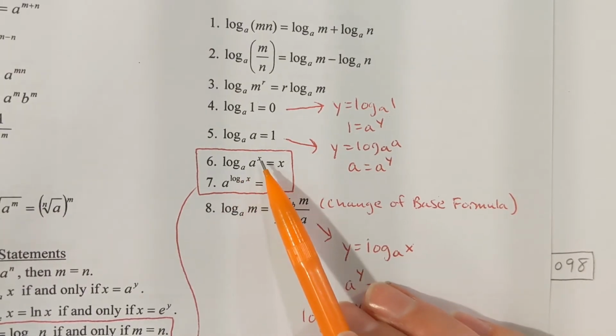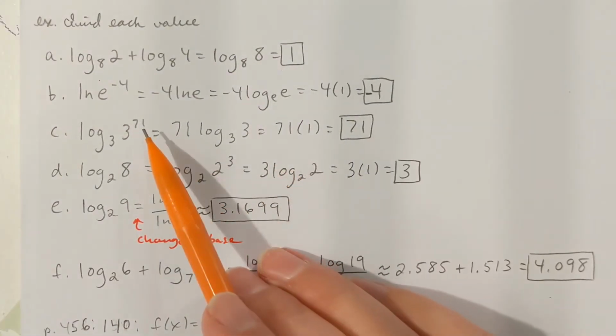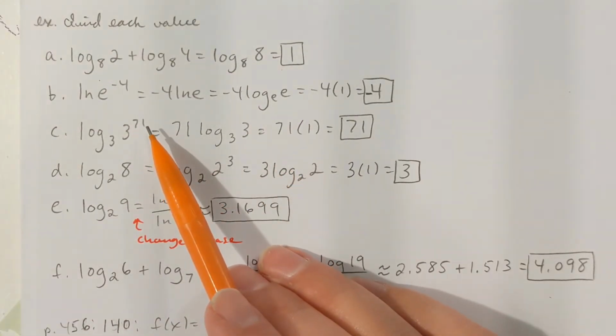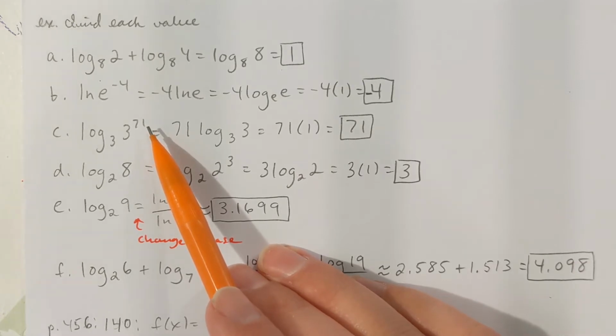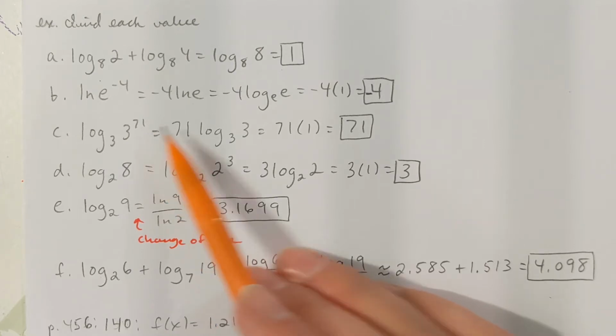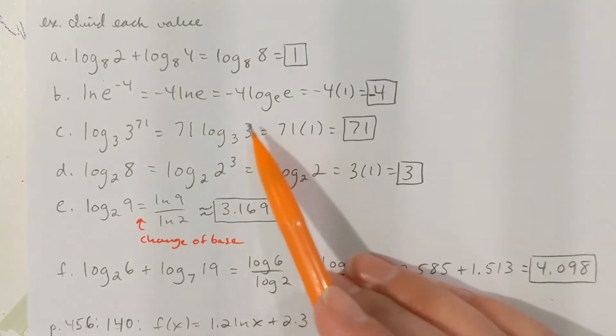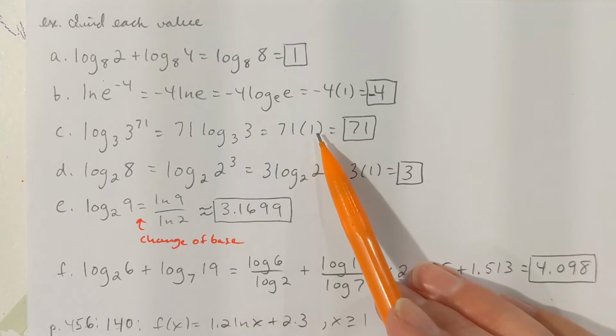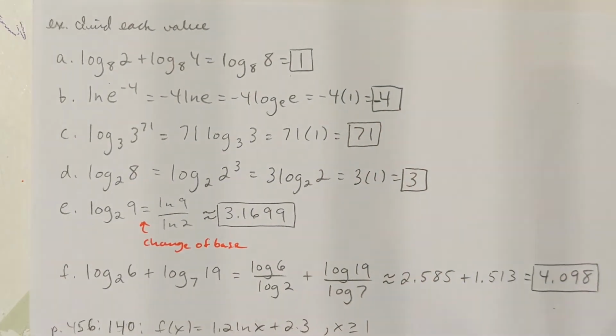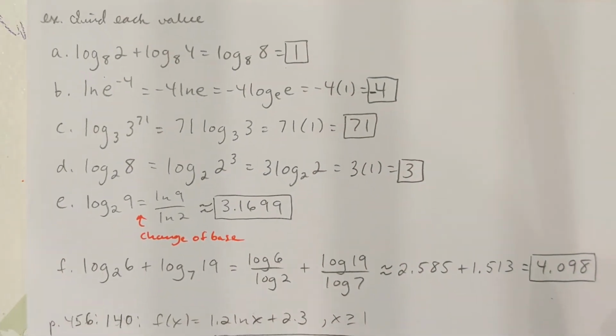Log base a of a to the x is x. And x in this problem would be 71. Now law 6 is really just a combination of laws 3 and 5, because that's what I was doing here. I was using law 3 to pull the power in front, law 5 to get this 1. And that's another way to look at where law 6 is coming from.